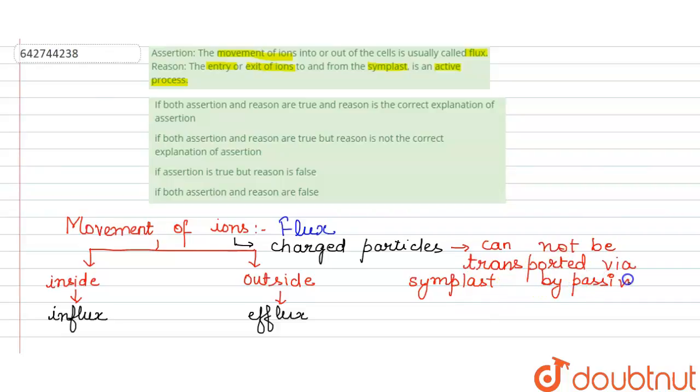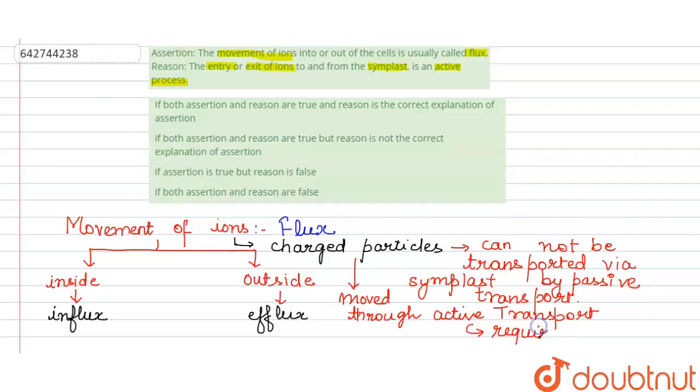Passive transport is without the expenditure of energy, when there is no expenditure of energy. So these particles are moved through active transport, and this mechanism of active transport requires the expenditure of energy.